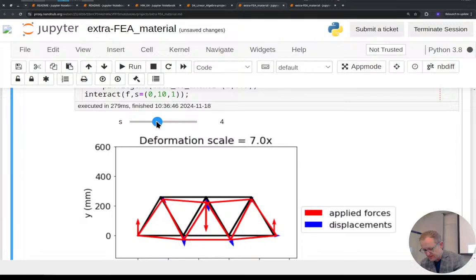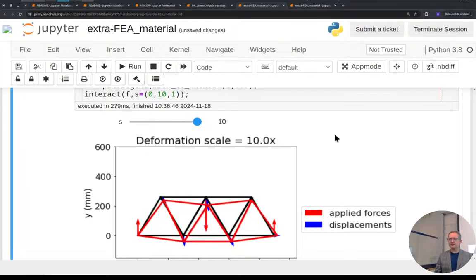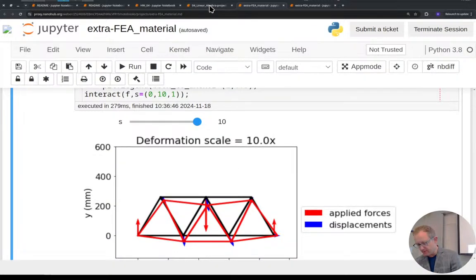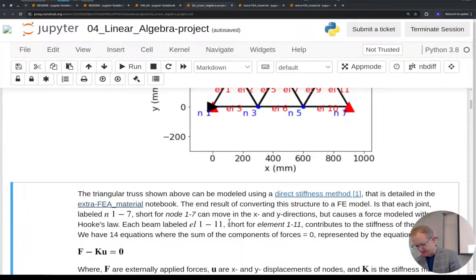Watch what happens as you go from 0 up to 10 times displacement. And that's all the information that no one asked for that I think I had.